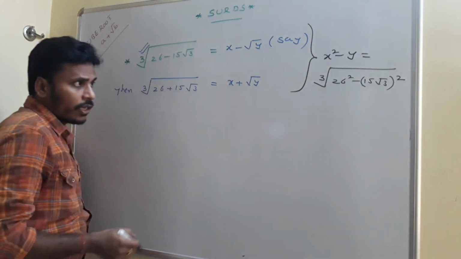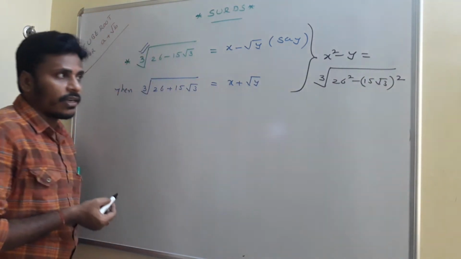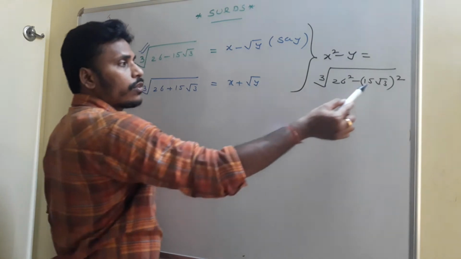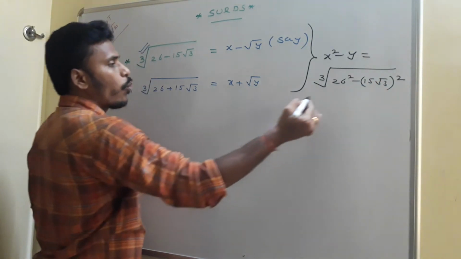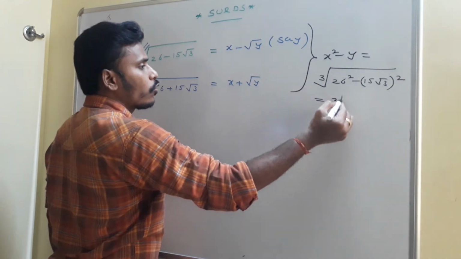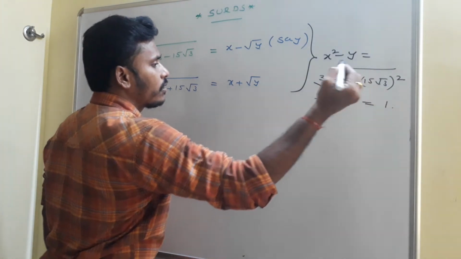Now this 26 square is 676, whereas that 15 root 3 square is 225 times 3, which is 675, and the value is 1 under that cube root. So this is equal to the cube root of 1, and that is equal to 1.